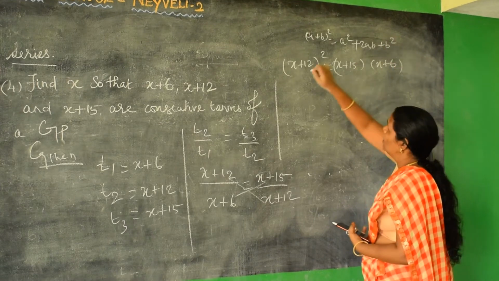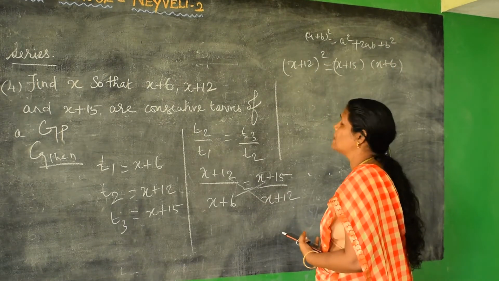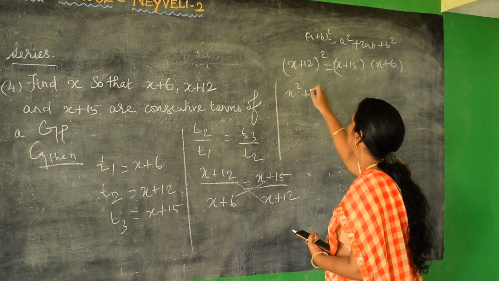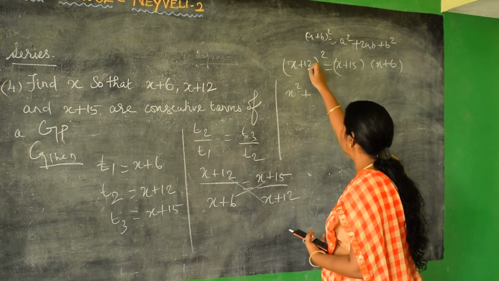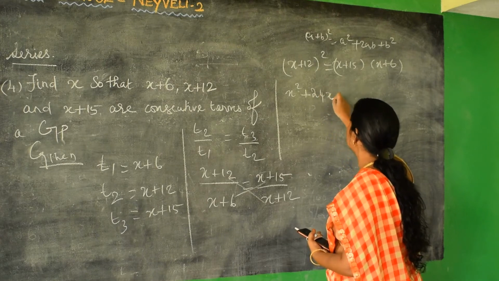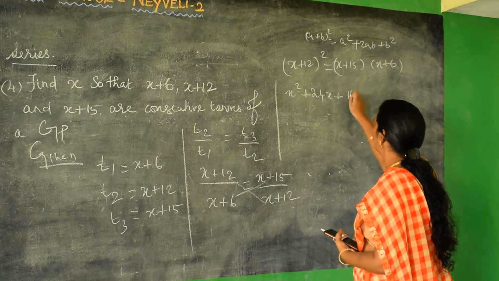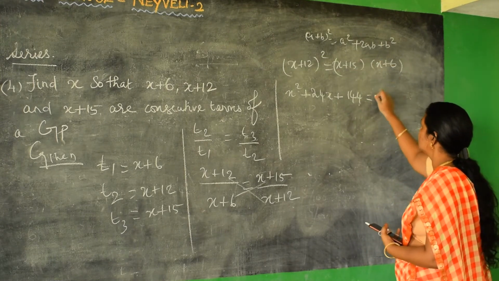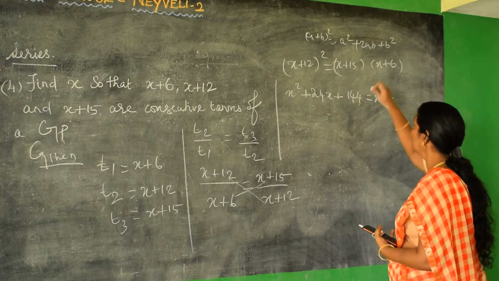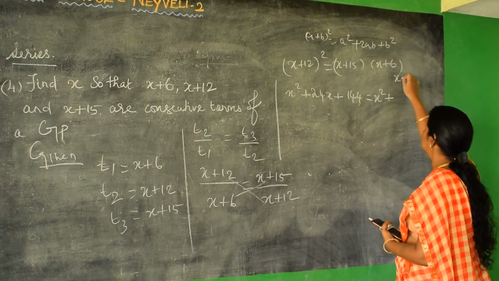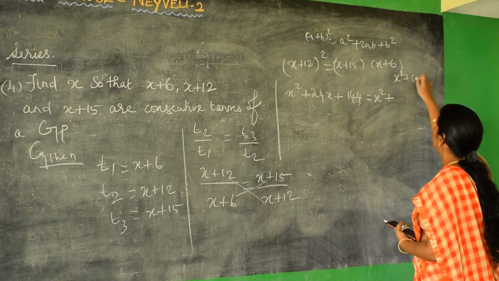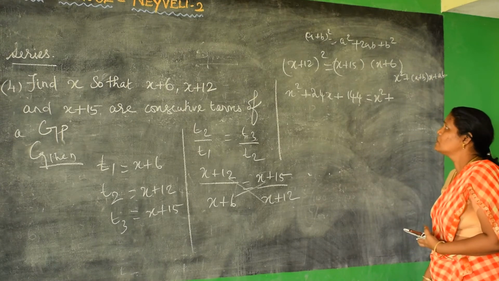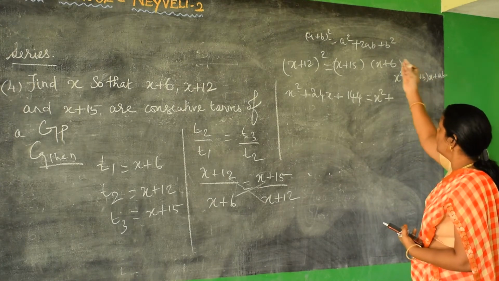So I expand it: x square plus 2 into 12, that is 24x, plus 12 square, that means 144. That is equal to x into x, x square. We can write it in the form x square plus a plus b into x plus ab, isn't it? So using this identity I am going to write this.